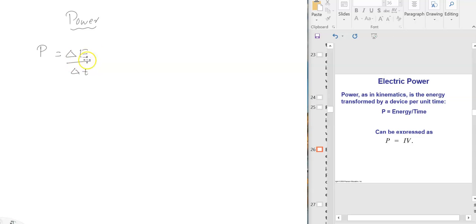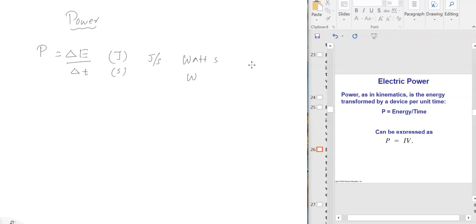So this is energy measured in joules, time is in seconds, so it's joules per second, that's the unit of power. This is also called watts, and denoted by letter capital W.